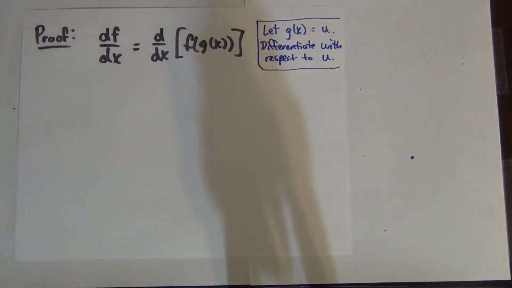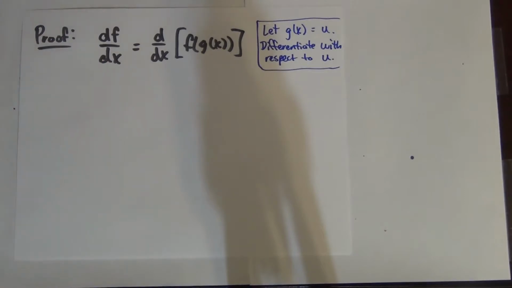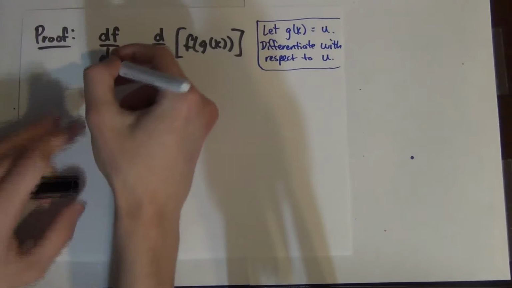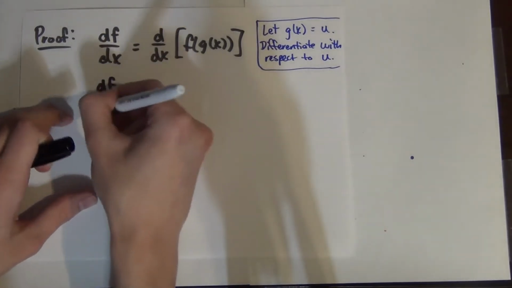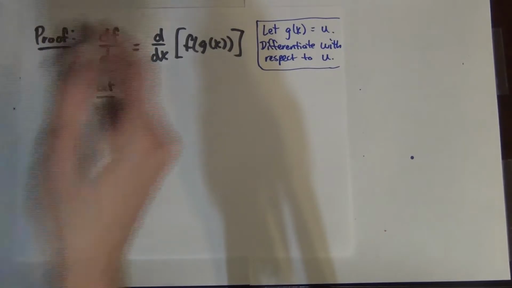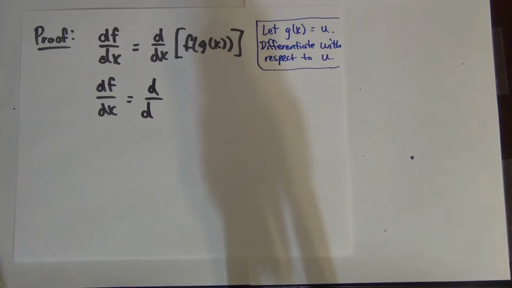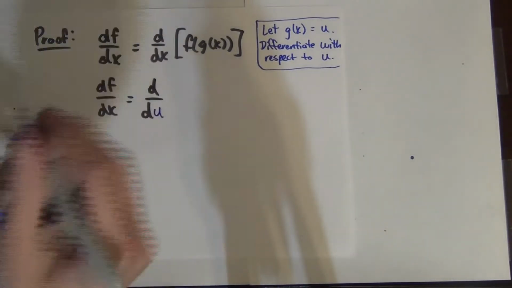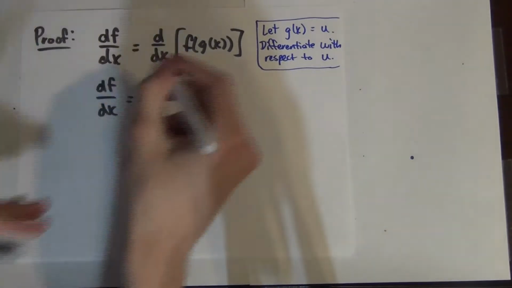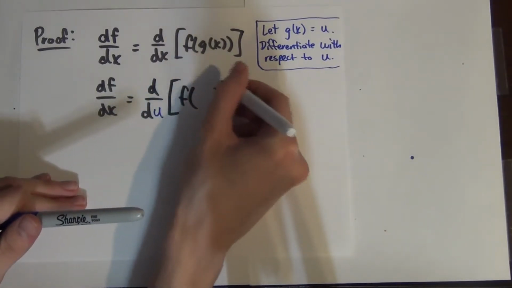So instead of g of x, I'm going to replace it with a u, and instead of d dx, I'm going to find d du. So what this is going to end up equaling is my df dx. Instead of d dx, I'm going to say it's d du of f of u.